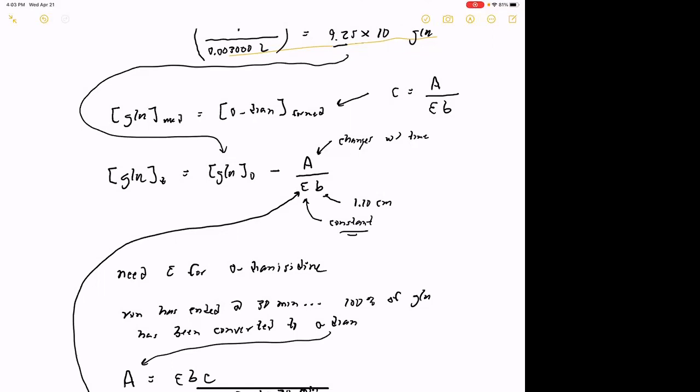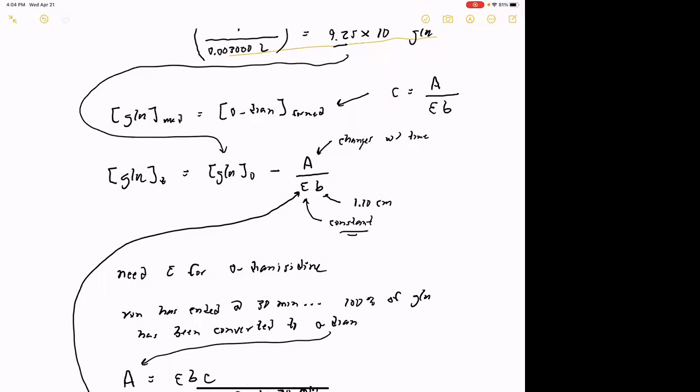So you can set up an equation where you start out with an absorbance. You list your absorbances, and in the next column over, you program this formula in.